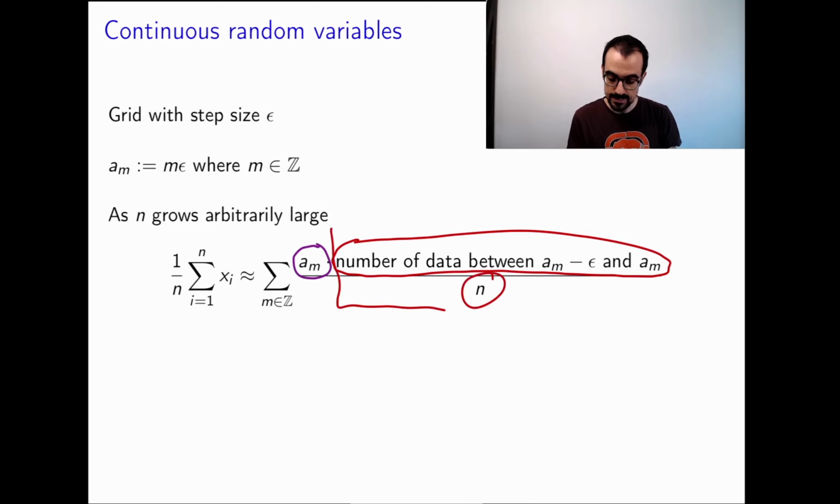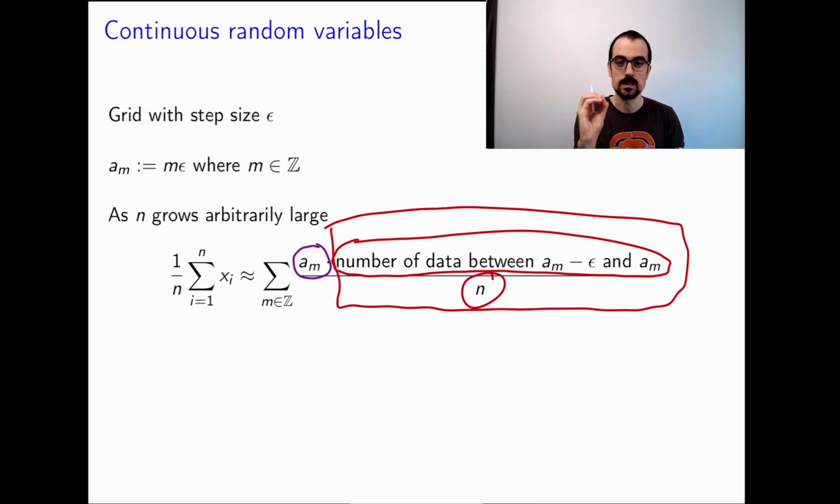So what I have here is the number of data that lie in an interval divided by the total number of data. When n goes to infinity and I have a lot of data, that's just the fraction of values that are in that interval, which is equal to the probability, or at least that's our intuitive notion of what the probability of the random variable being in an interval means. How do I write that probability in terms of densities?